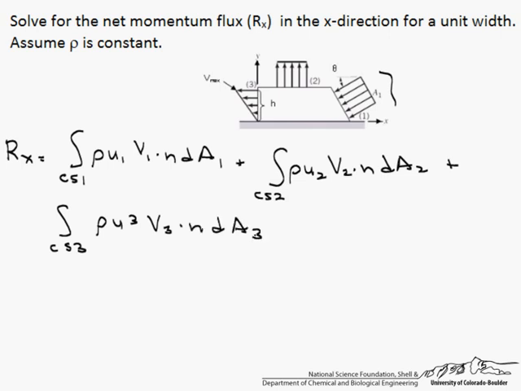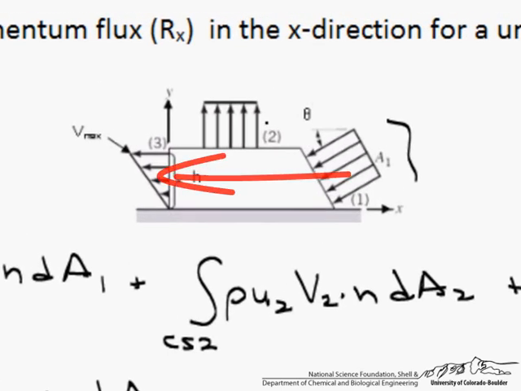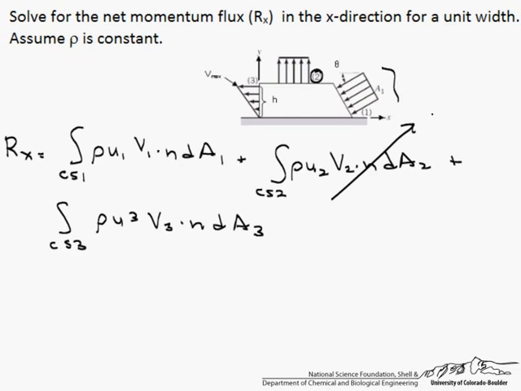So the first thing that we see is, since this is in the x direction and the velocity over here at 2 is only in the y direction, that this goes to 0.